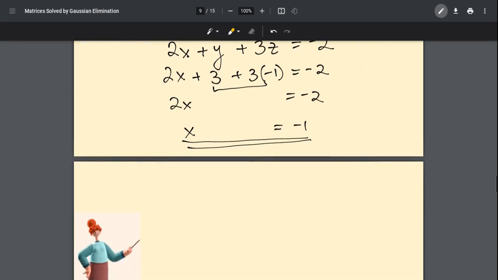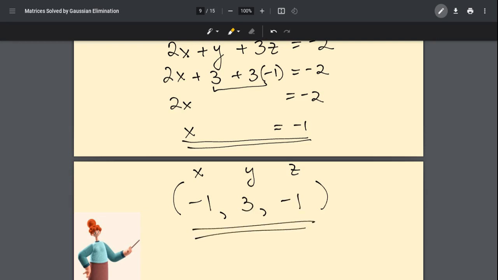Notice that we are getting the very same answers for x, y, z, all right? -1, 3, -1.